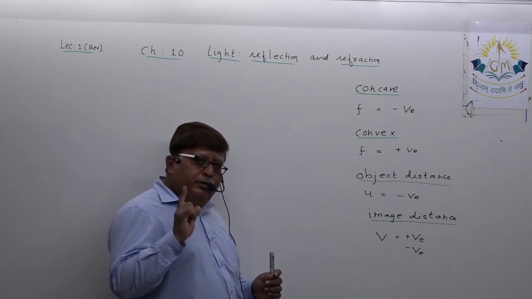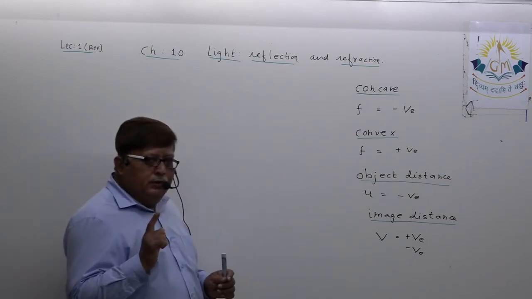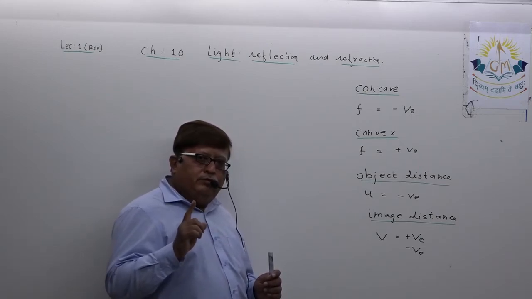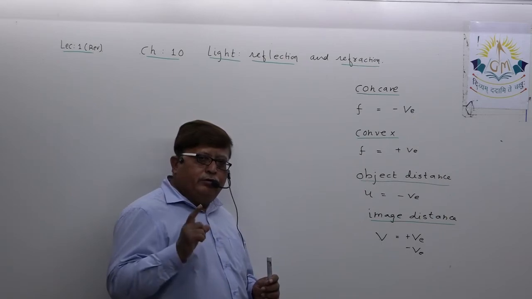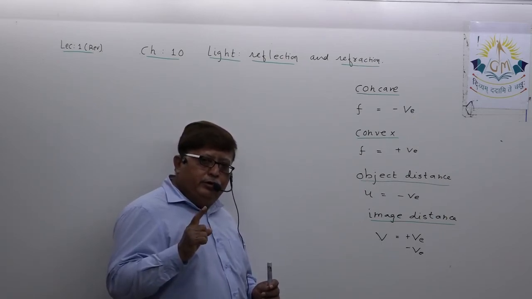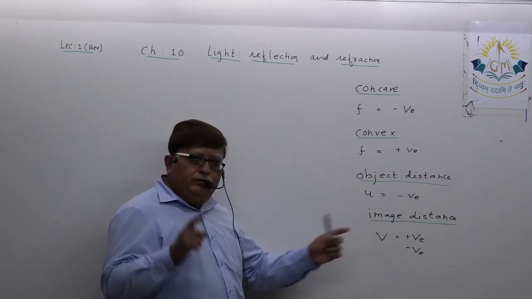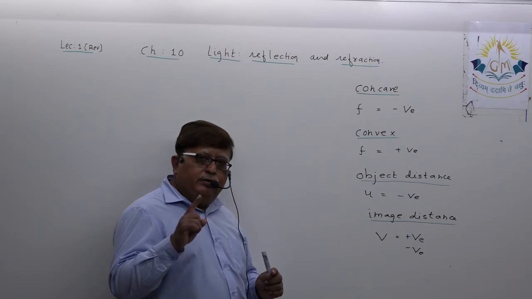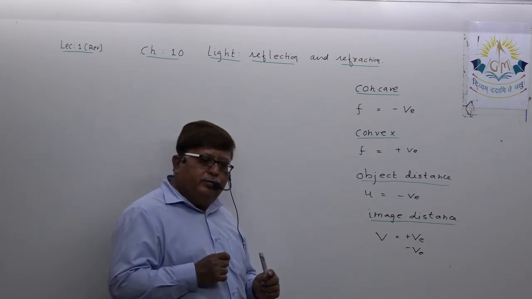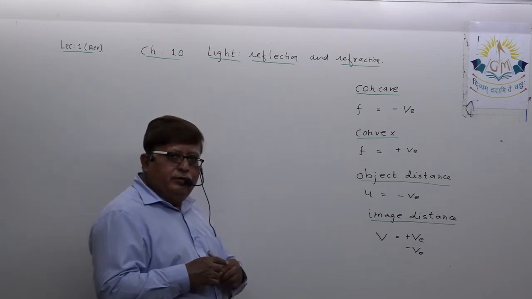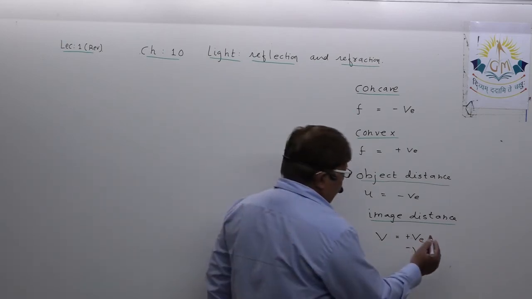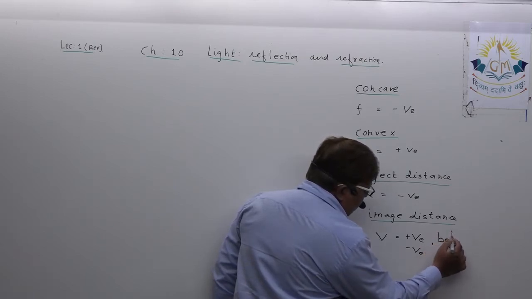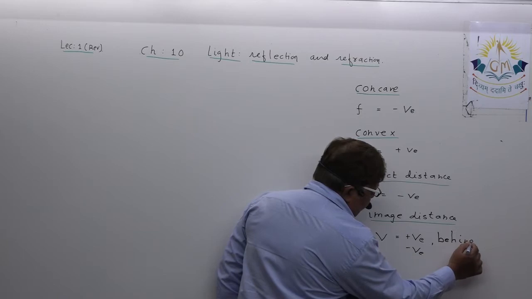Now remember, dear student, whenever image distance turns out positive, this gives you an idea regarding the position of the image. If image distance is positive, then the image is formed behind the mirror.